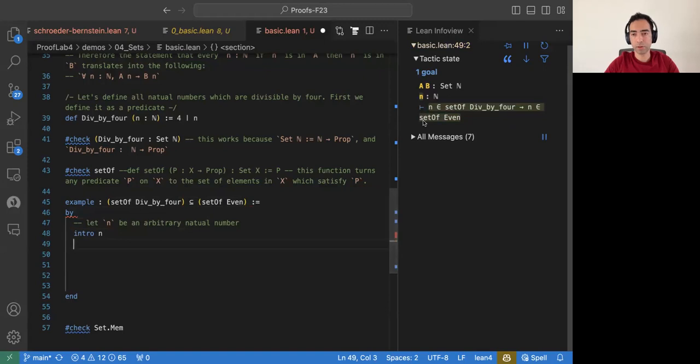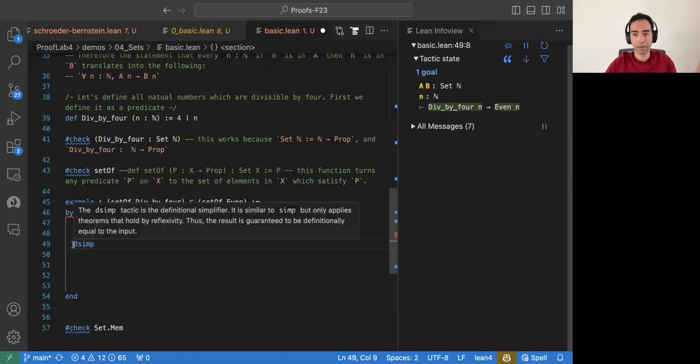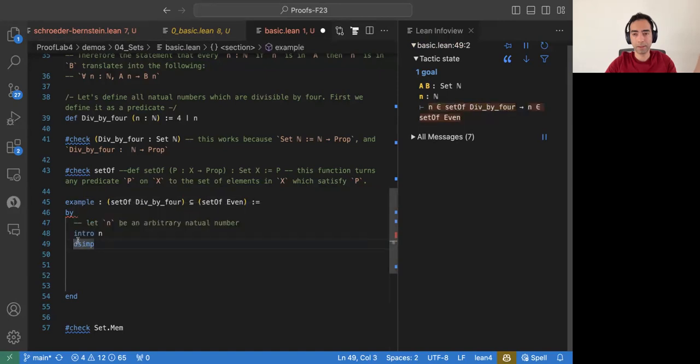Okay, so maybe I want to simplify this. What does it mean that n belongs to that? If I write dsimp in the goal, that simplifies the meaning of n belonging to a subset to basically saying that n is divisible by 4. So let's look at this again.